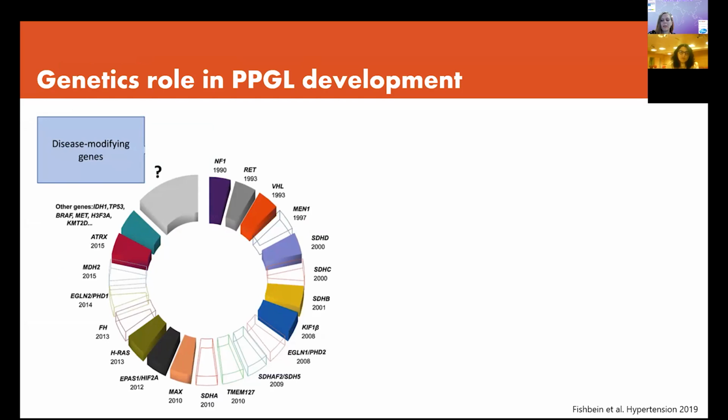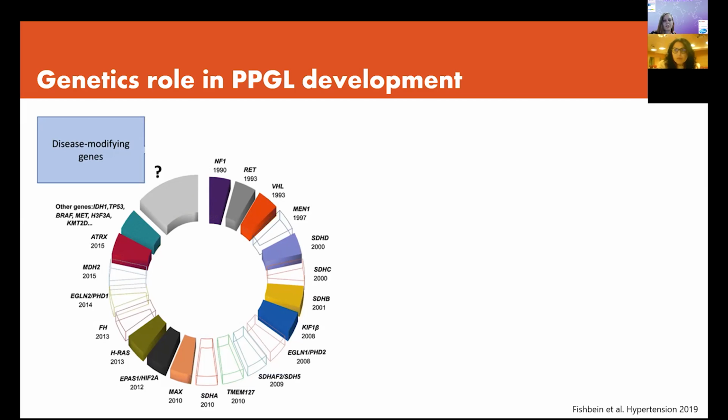If we think about our understanding in recent years of PHEO and paraganglioma genesis, so how those tumors actually develop in our body, we should stress the importance of genetics. We see here on this graph, from the early 90s up until recent years, the different genes that were discovered, called disease-modifying genes.